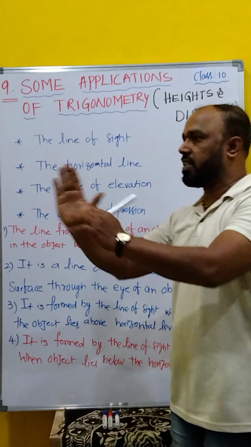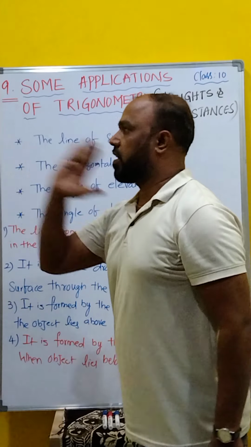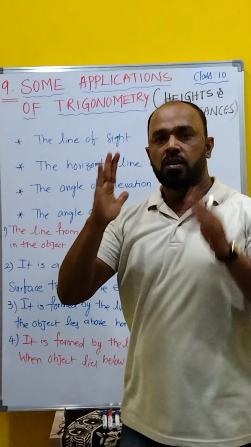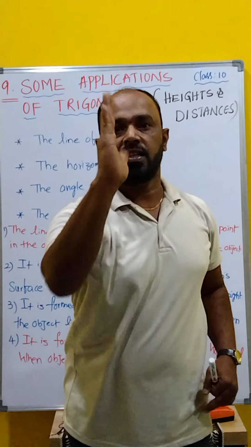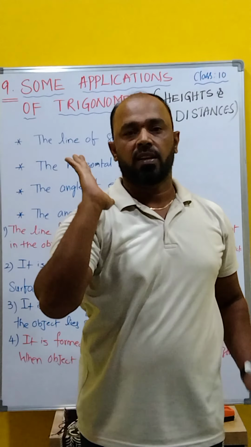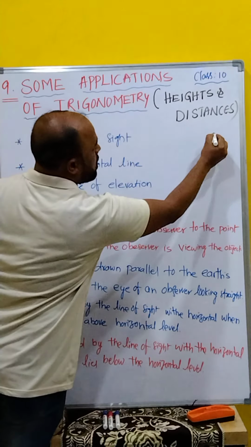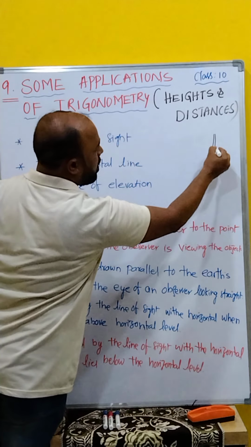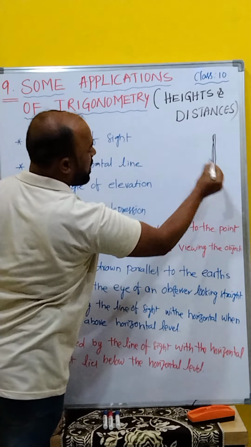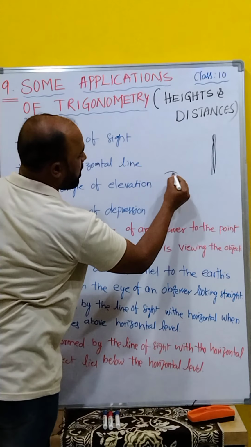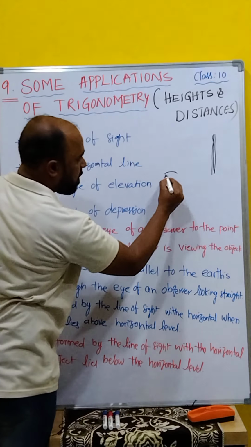Suppose I am looking like this exactly, just drawing a straight line. I am seeing in the horizontal way. Suppose this is a building or pole, whatever it is. The observer is here, the eye is here.